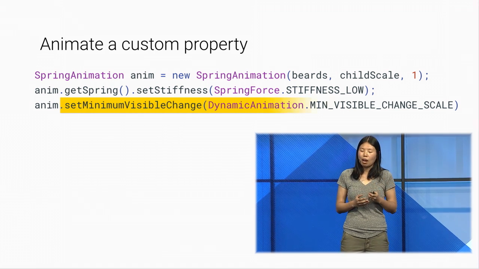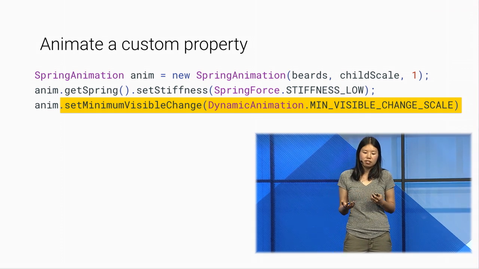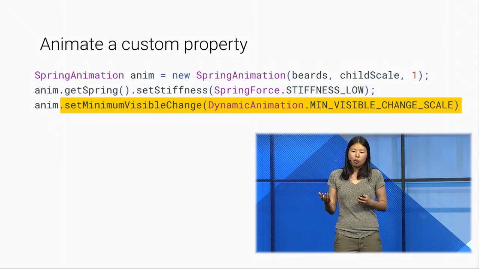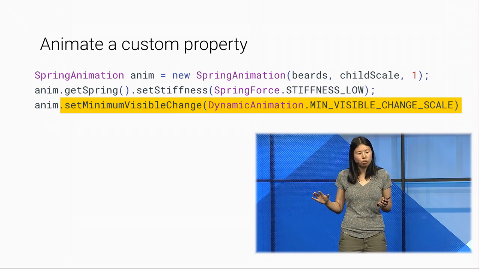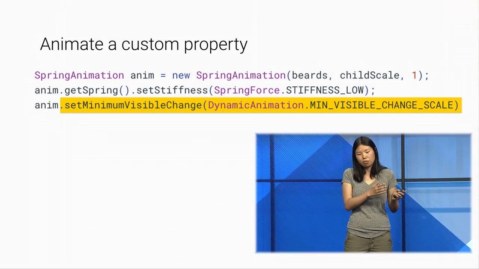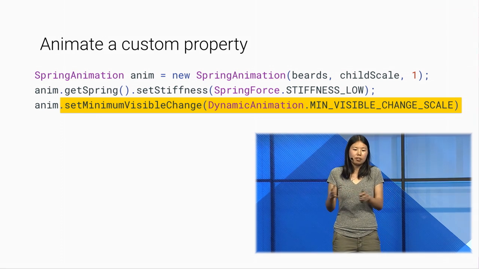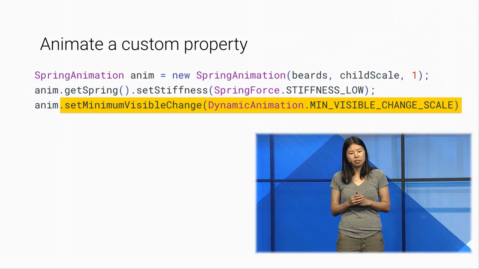And this is a method that we haven't seen before. What it does is it provides the animation system a hint as to when it would be a good time to stop, so that the animation doesn't go on for too long without making any visible change on screen. And the reason why we haven't seen this method before in all these previous examples is because up until this example, we had animated only the built-in view properties.